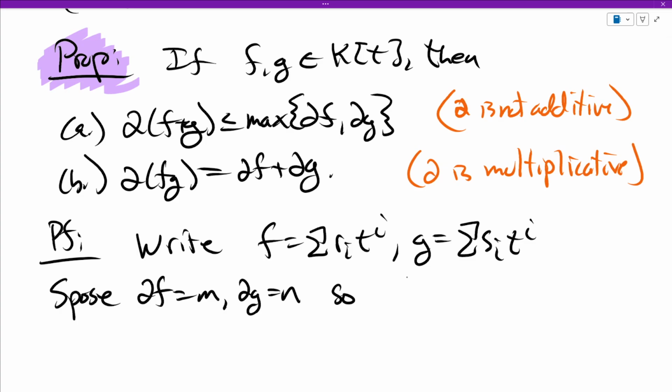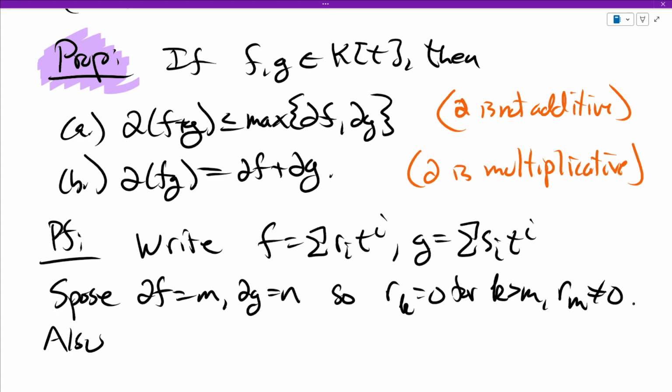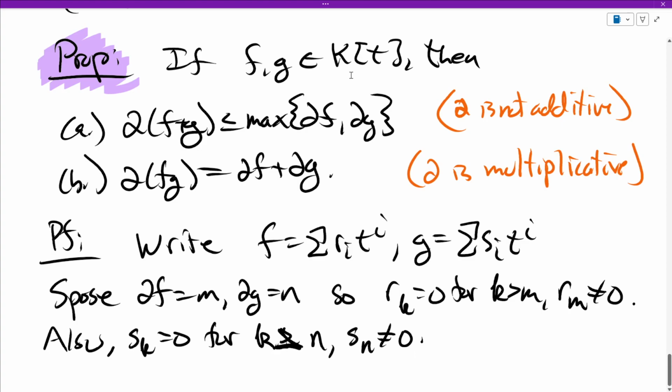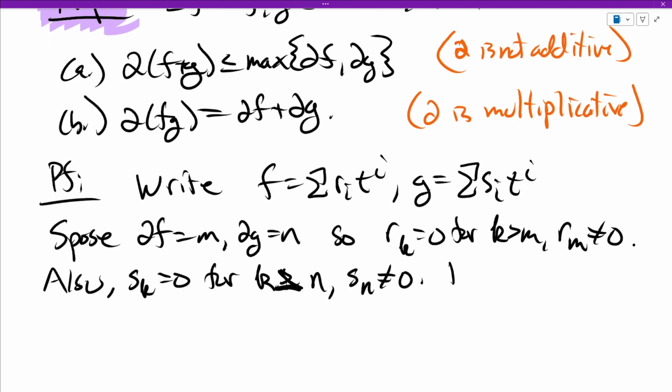So all that means is that r_k is 0 for k bigger than m, and r_m is not 0. It also means that s_k is 0 for k strictly bigger than n, and s_n is not 0. Okay, so s_n is the leading term of g, r_m is the leading term of f.